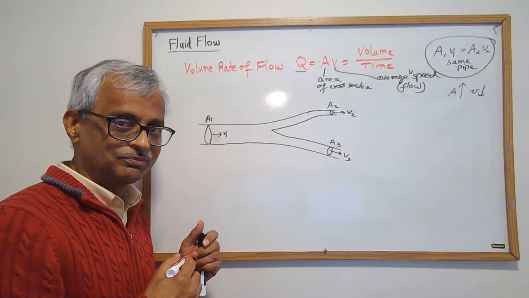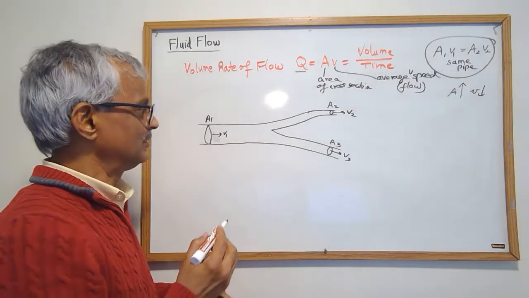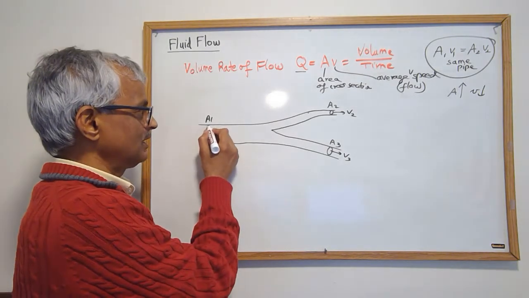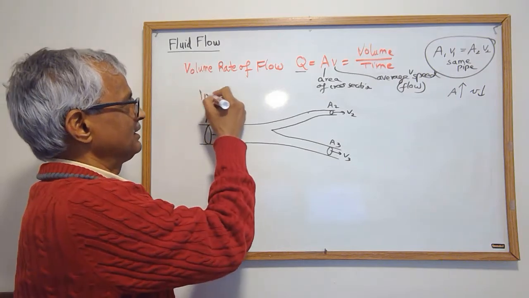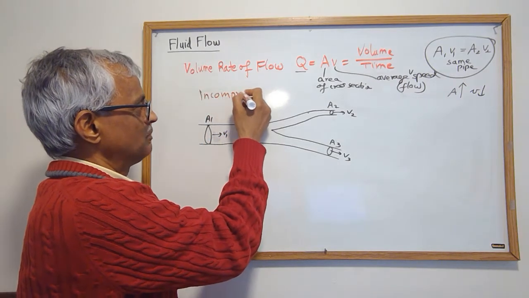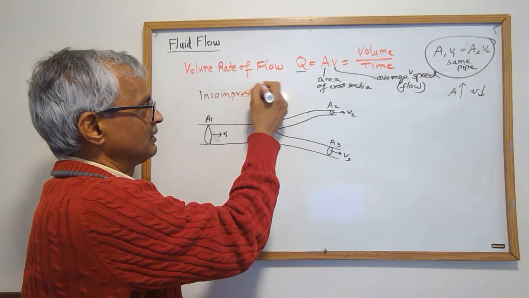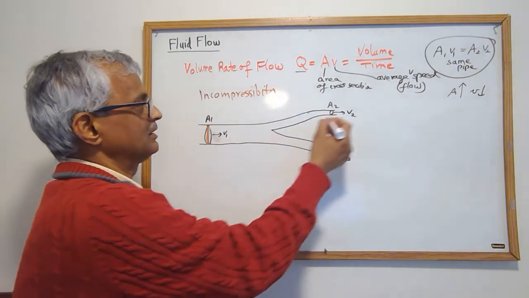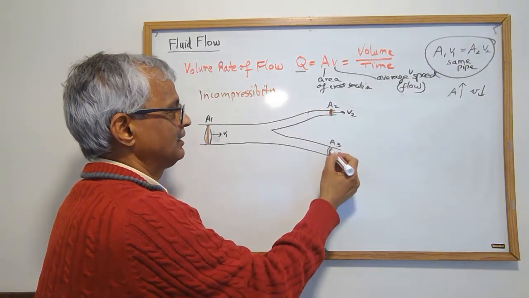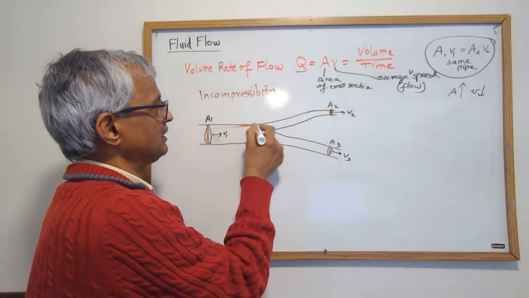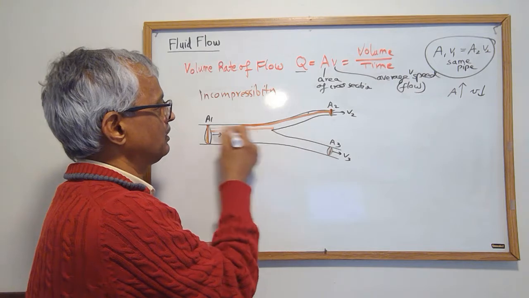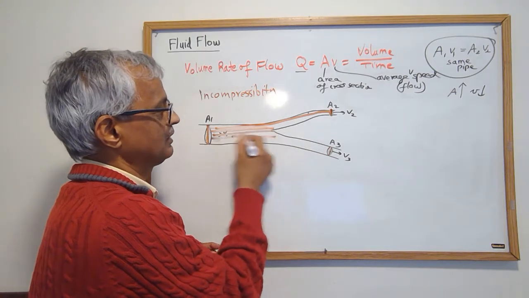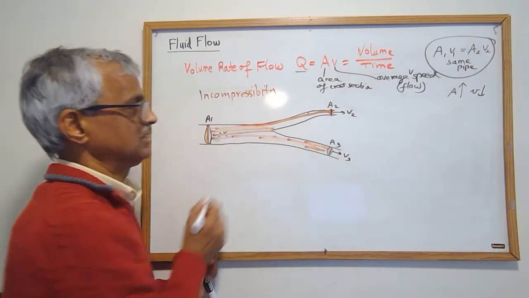Okay. All right. So what I want is incompressibility, right? I want to apply this idea of incompressibility. It means the volume between here and here cannot change. So all the fluid that is there cannot change.